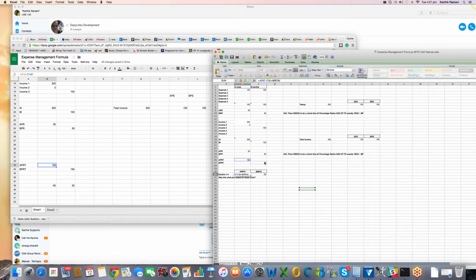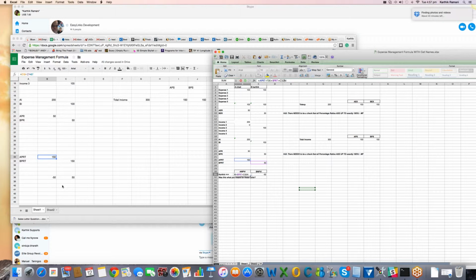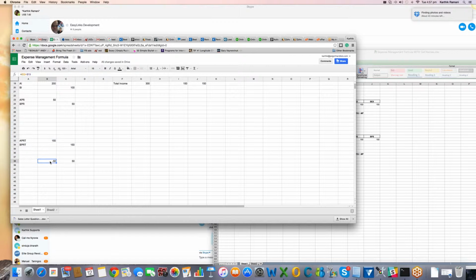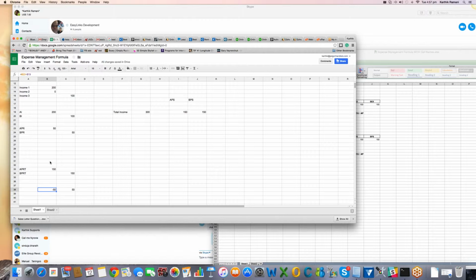And then on the bottom, the two that you didn't have any labels for, the minus 50 and 50, what cell formula have you got? Click on A, for example. You're saying it's B33 minus B19. It's basically whatever is the result minus the total income of A, and this one minus the total income of B. If you're positive, you receive that.